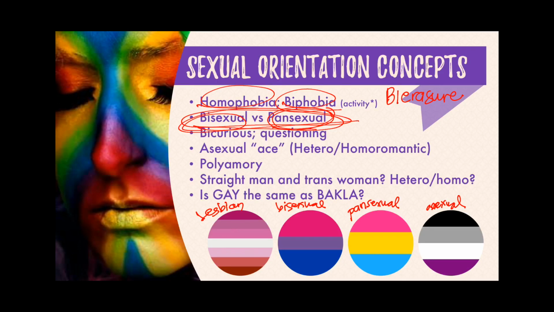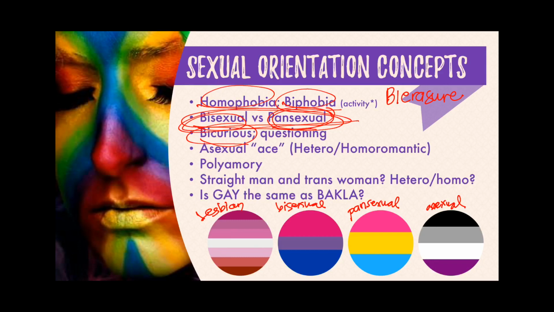Next, we have bi-curious, and bi-curious people are those who are trying to explore and wonder whether they are capable of having desires for people of their same sex, while they are engaged in a desirable relationship with the opposite sex.